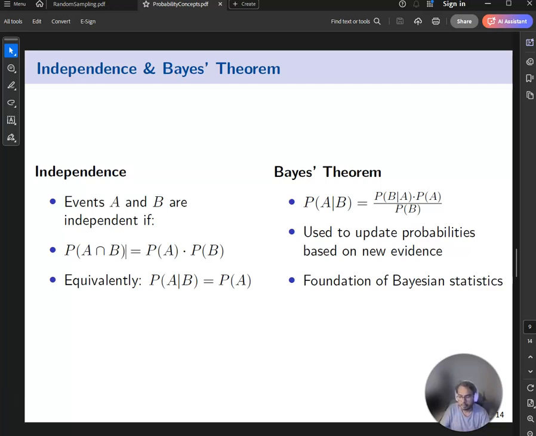Bayes' theorem is the foundation of Bayesian statistics, which is used extensively in machine learning, artificial intelligence, medicine, and many, many other fields. In our medical testing example, it helped us calculate the probability that someone has a disease given a positive test result by using information about the test accuracy and the disease prevalence.